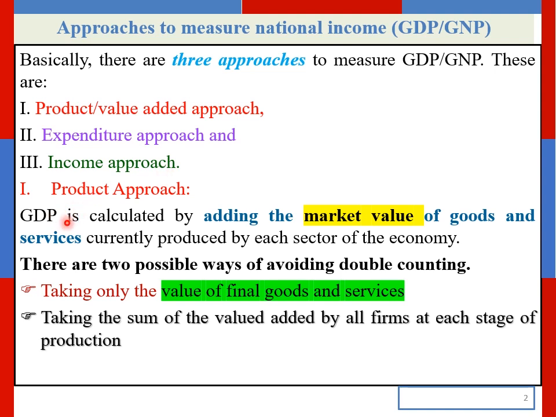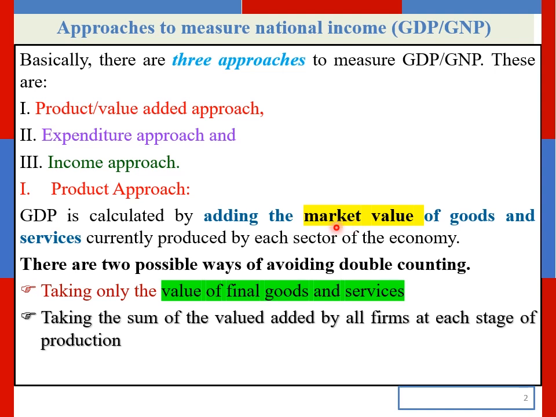Product approach. GDP is calculated by adding the market value of goods and services currently produced by each sector of the economy. Therefore, in order to get the GDP, it is better to take the market value of goods and services only, and avoid double counting.